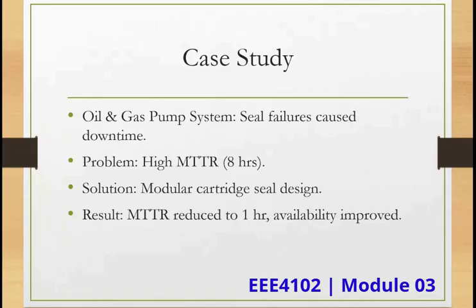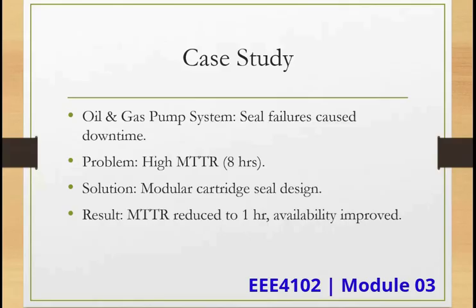So I'd like us to pause a bit and go through this case study. This is just for us to be able to apply these concepts to real world examples. This is an example from the oil and gas industry, where we have a system represented by an oil and gas pump system, and it had a problem.